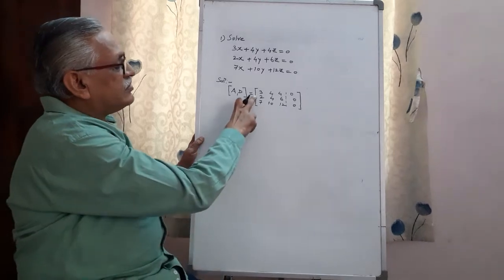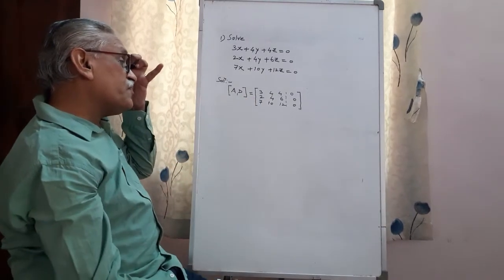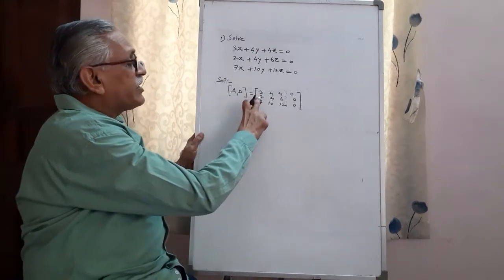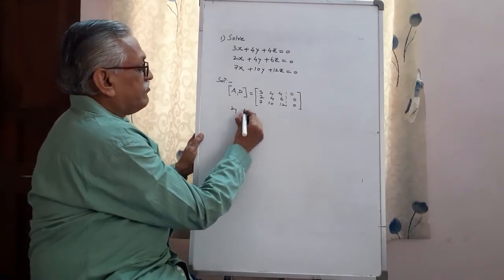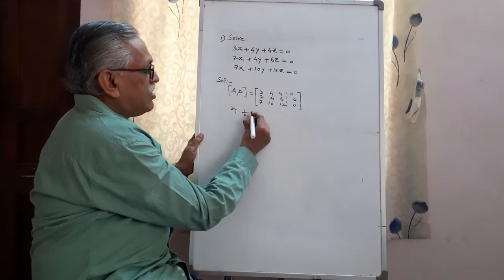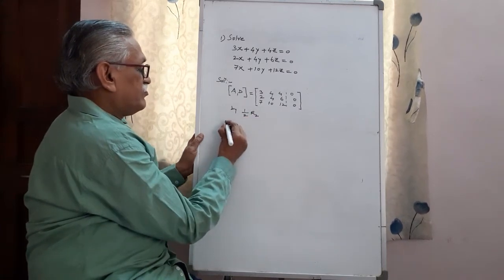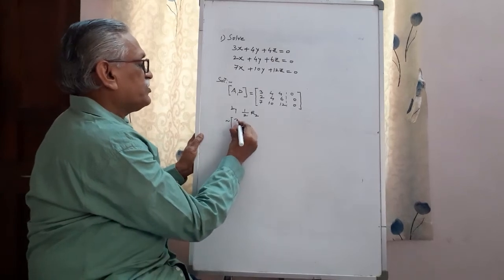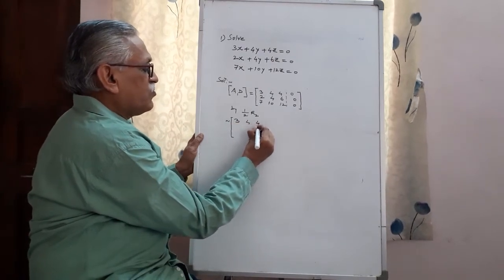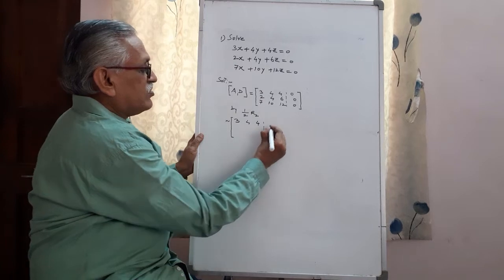Then the second row elements are multiples of 2, so for making the first element 1, apply 1 by 2 times R2. First row no change, 3 4 4 0.